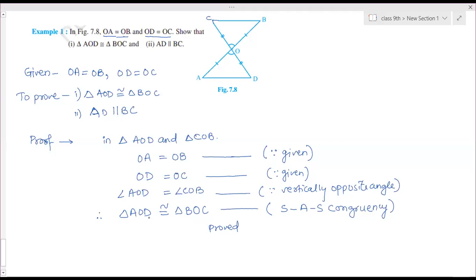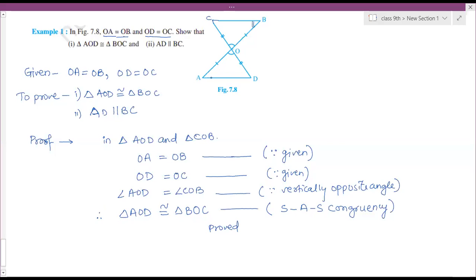Now how to use this? So from this, write the CPCT part. Then I will write that these angles are equal. So AO and OB are equal, and this angle is equal. So ultimately angle B and angle A will be equal, right? Yes, ma'am. So A and C are not equal. A and B will be equal. So angle OAD is equal to angle OBC by CPCT.